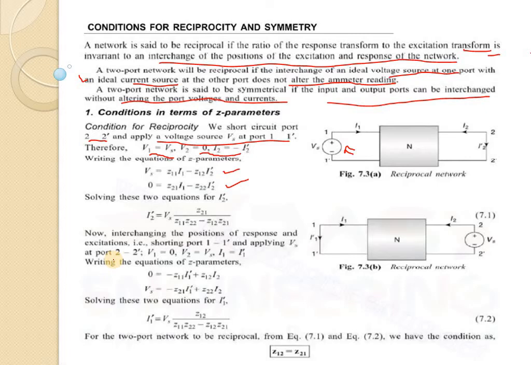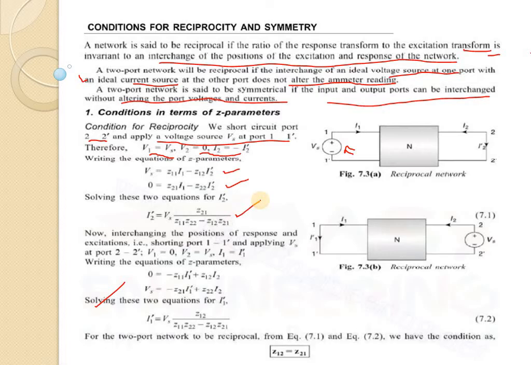Solving these two equations for I2 dash, we get I2 dash equals Vs into Z21 divided by Z11 into Z22 minus Z12 into Z21.